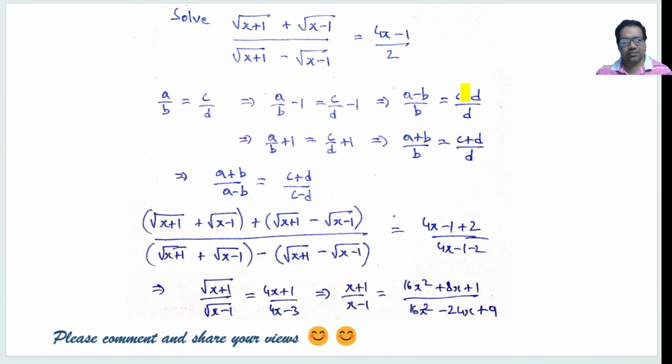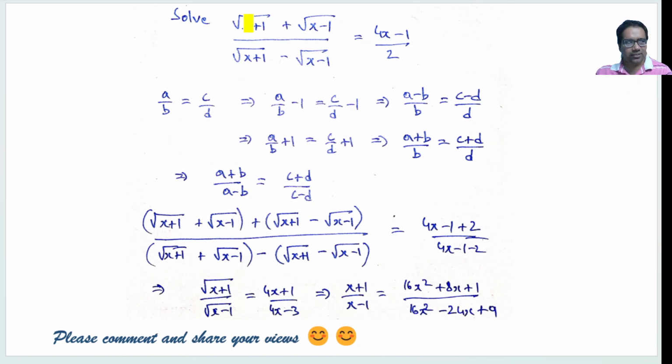Then what does that mean? a plus b by a minus b equals c plus d by c minus d. When we are given a by b equals c by d, a plus b by a minus b should be equal to c plus d by c minus d, right?